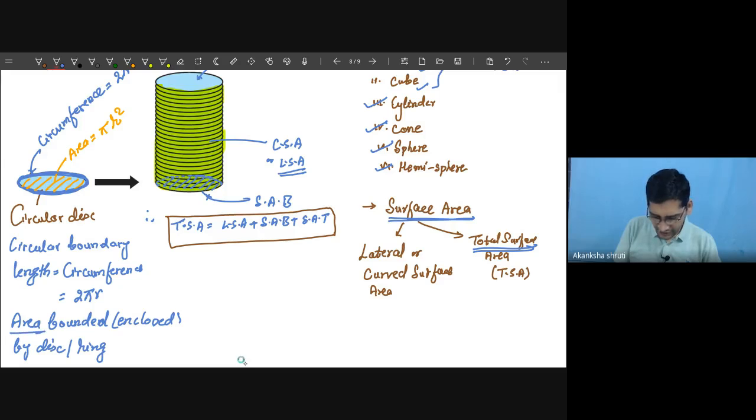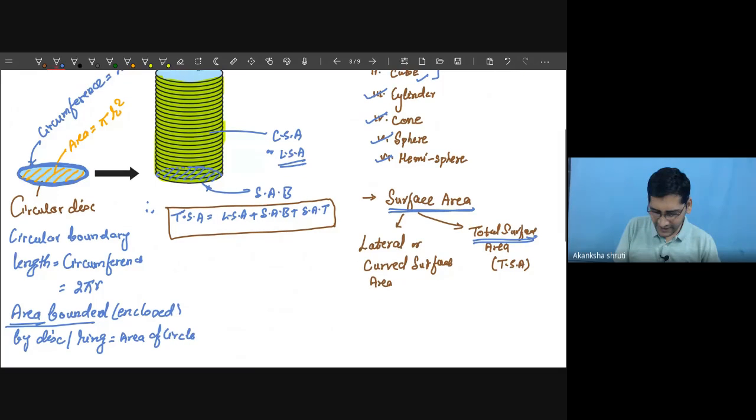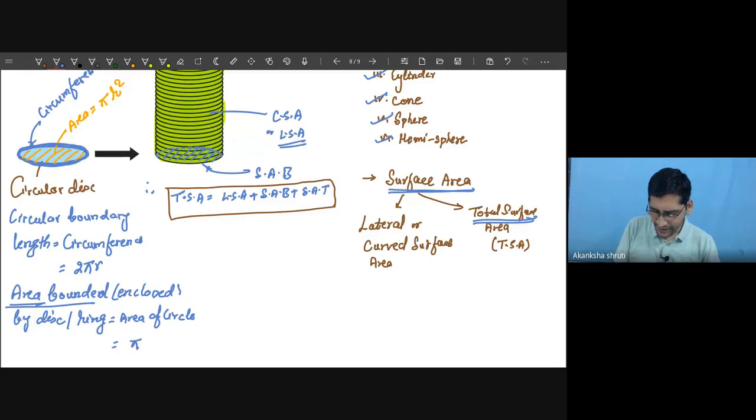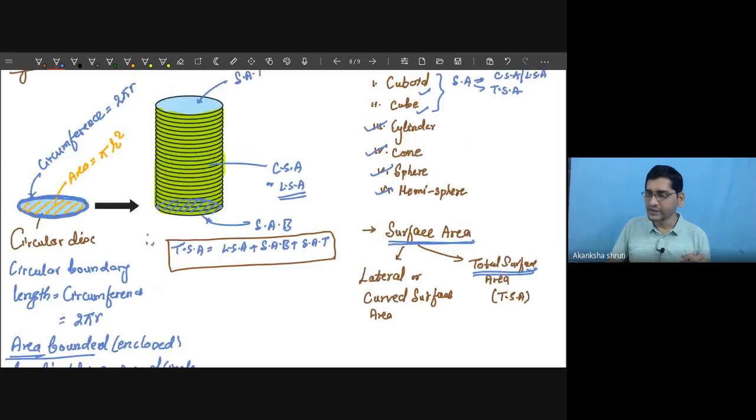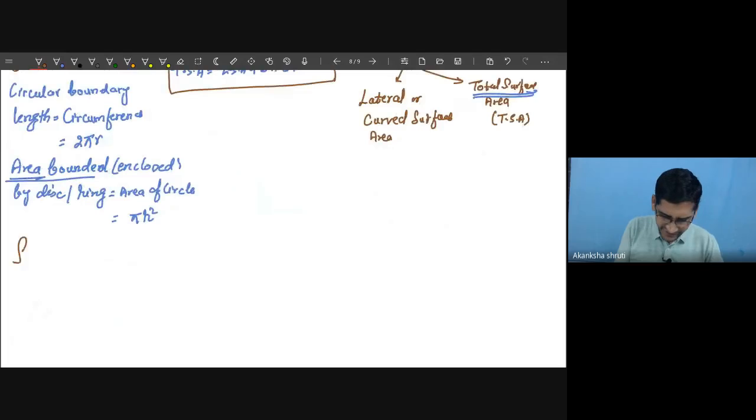So here we are talking about the area. Area is the area of circle, and this area of circle is given by the formula pi r square. Okay, students. Now we have to understand two things. One is called the surface area of cylinder.